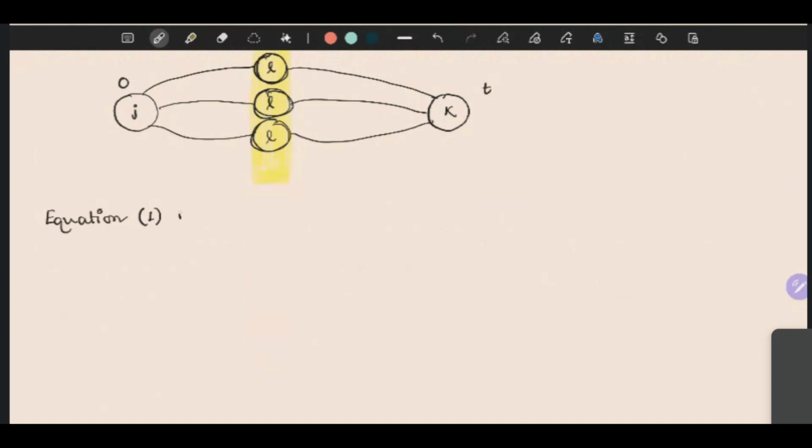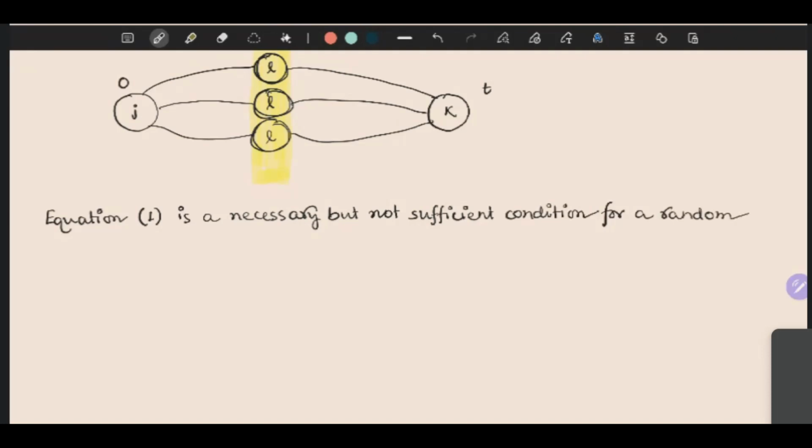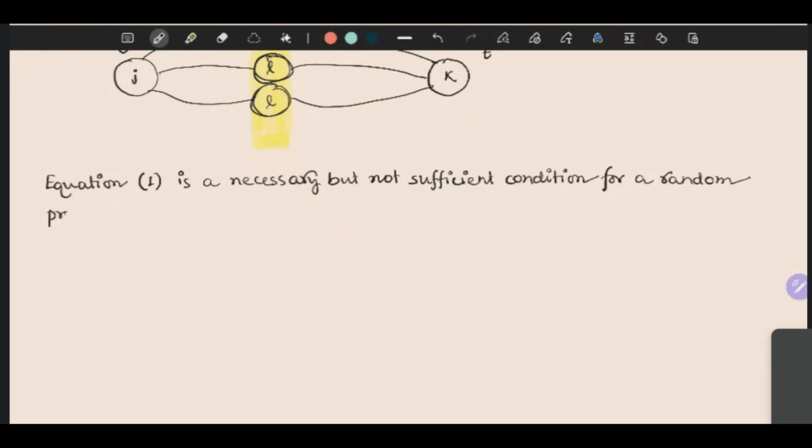But the important point is that this equation 1, the Chapman-Kolmogorov equation satisfied by the Markov processes, is a necessary but not sufficient condition for a random process to be Markovian.